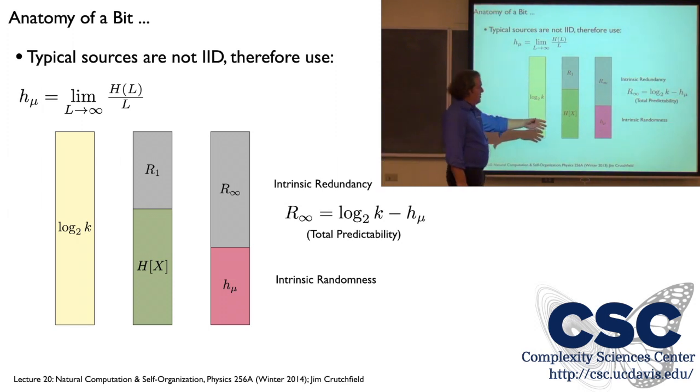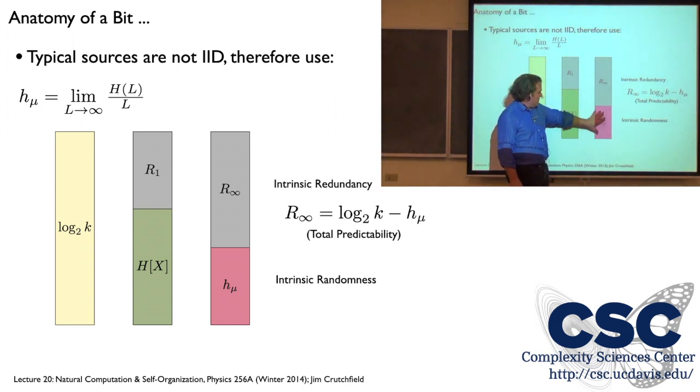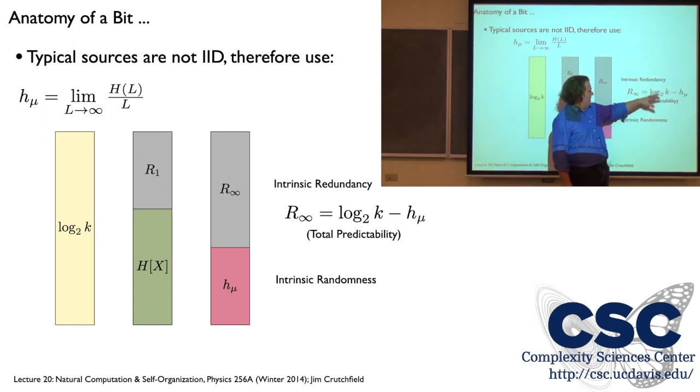So we have a similar picture, right? Now, this h mu can be less than the single symbol entropy. Typically is. I mean, they'll be the same if it's multinomial, but typically signals have more redundancy over pairs and triples and so on. So now we have that notion of what we call intrinsic redundancy.